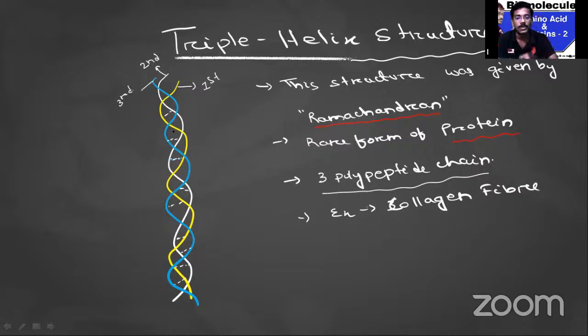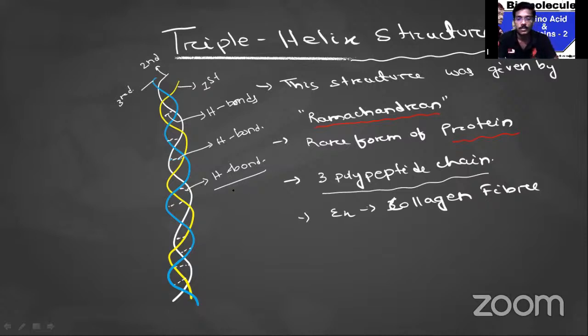How many polypeptide chains are present? 3 polypeptide chains. These polypeptide chains are held together with the help of hydrogen bonds. These are the hydrogen bonds. In this structure also they are held together with the help of hydrogen bonds.